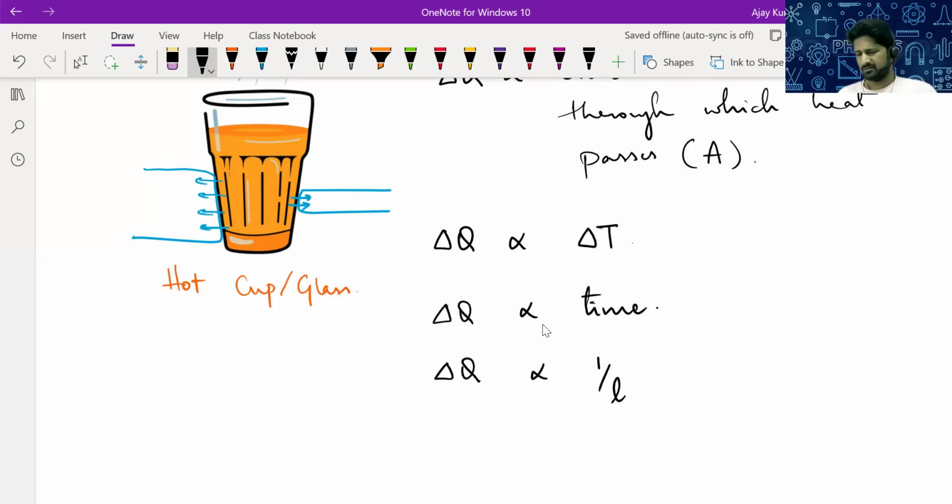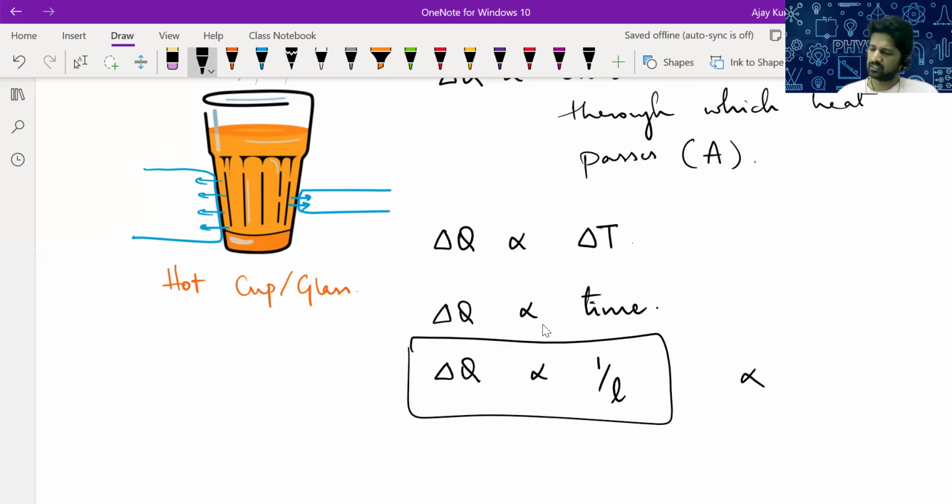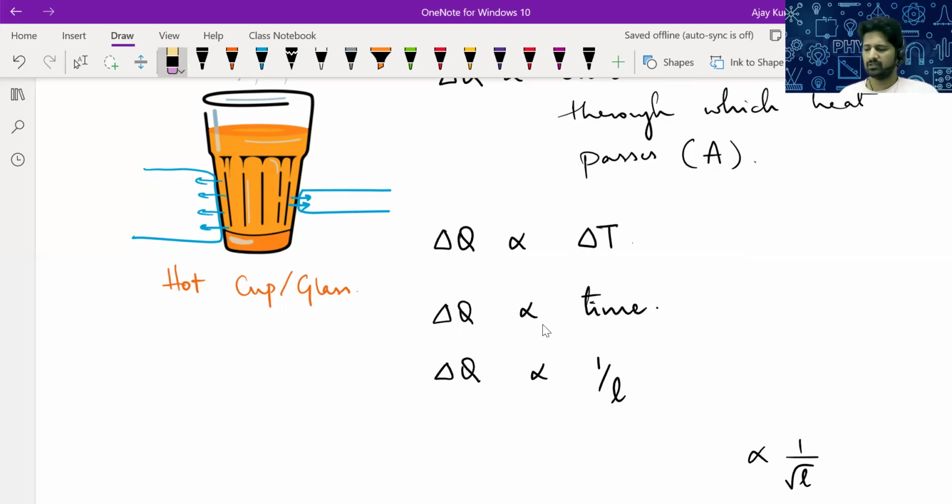Now, there are a lot of exceptions possible. It's not necessary that it is exactly inversely proportional. It can be proportional to 1 by L square. It can be proportional to 1 by square root of L. Many possibilities are there. In your syllabus, this is what we assume. This is the case that we consider.